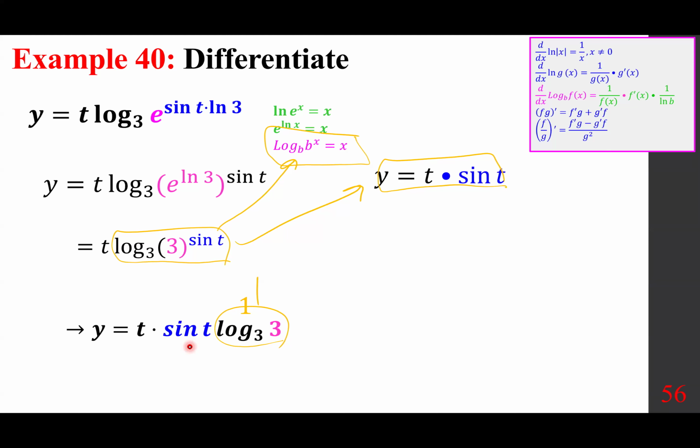So we use the product rule. F prime g plus g prime f. F prime is 1 times sine t. Remember, when you have t, t is the independent variable and you don't have any other variable.